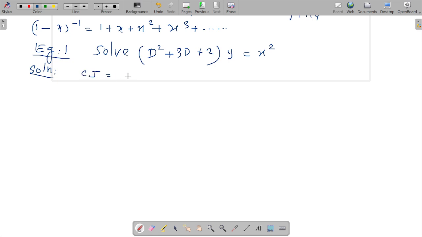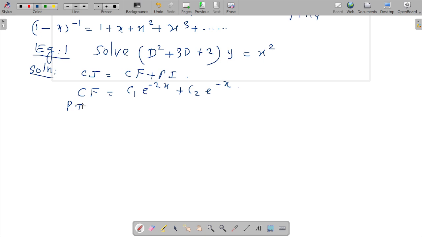Make the right hand side equal to 0. The complementary function is C1 e power minus 2x plus C2 e power minus x. Okay, then we are going to find the particular integral.